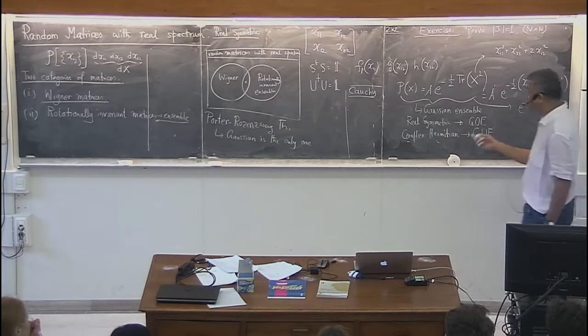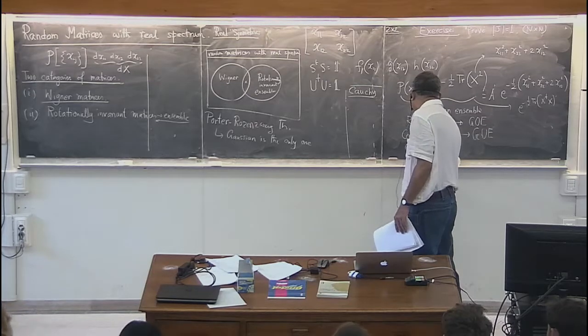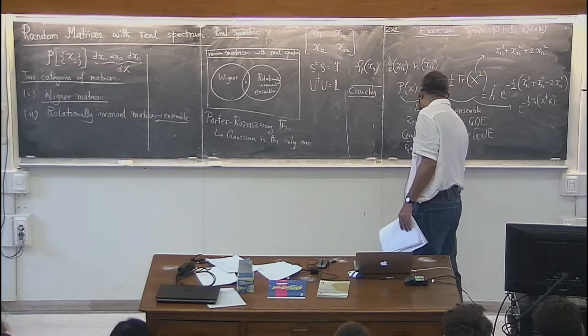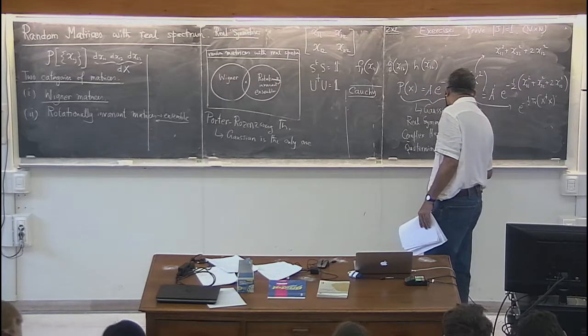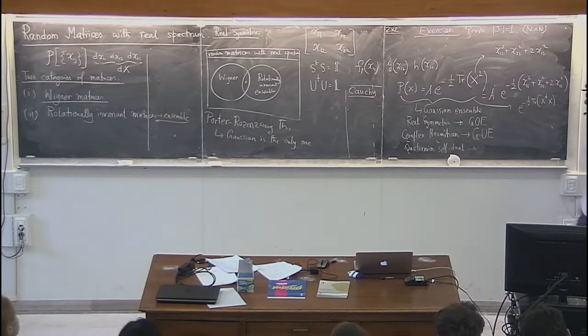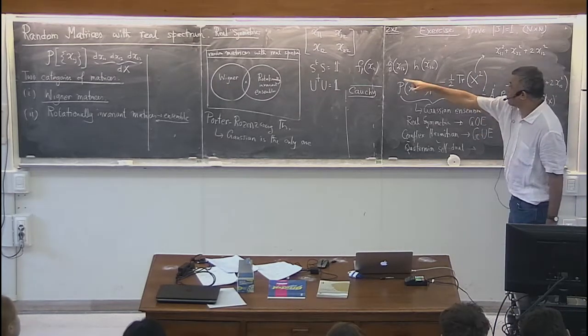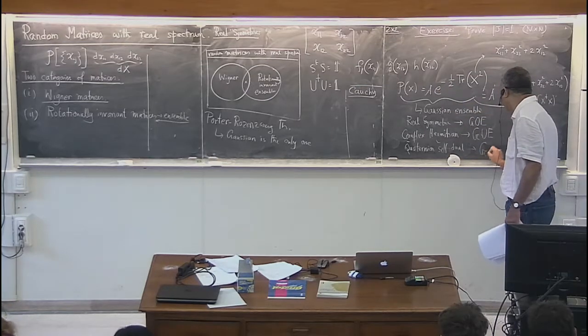And the third one, which I did not discuss, is the quaternion case, self-dual, which is invariant under what is called the symplectic transformation, a sort of analog of the unitary and orthogonal transformations. This is called the Gaussian symplectic ensemble.